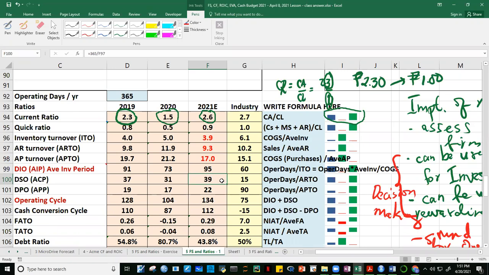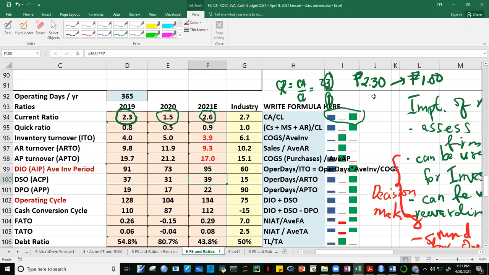They're able to collect on their receivables in 39 days average. Tapos, magbabayad sila ng payable on the 22nd day. Meron tayong mismatch, no? And that can cause some problem to the company. Kung mas mabilis yung required sa kanila na magbayad as compared to yung nakakolekta sila ng receivable.